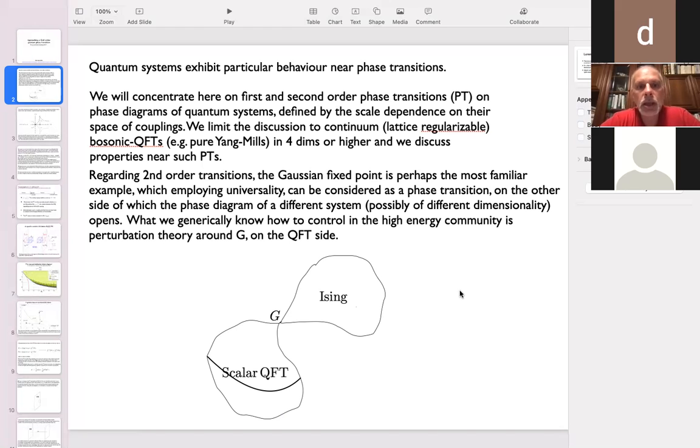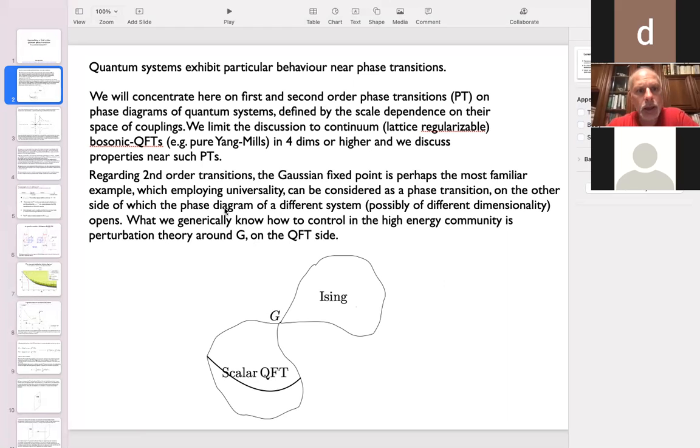So in this regulating scheme, quantities depend on the scale mu, and this dependence can move us around the phase diagram of such a system, and in particular, we can use it to move towards or away from a phase transition. So these are what we call the RG flows.